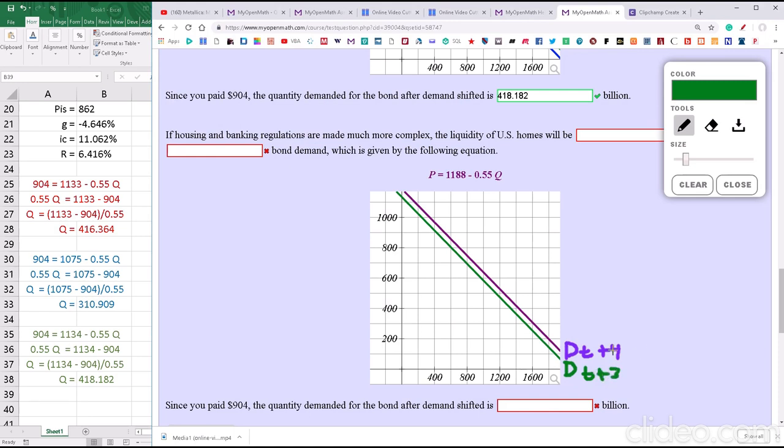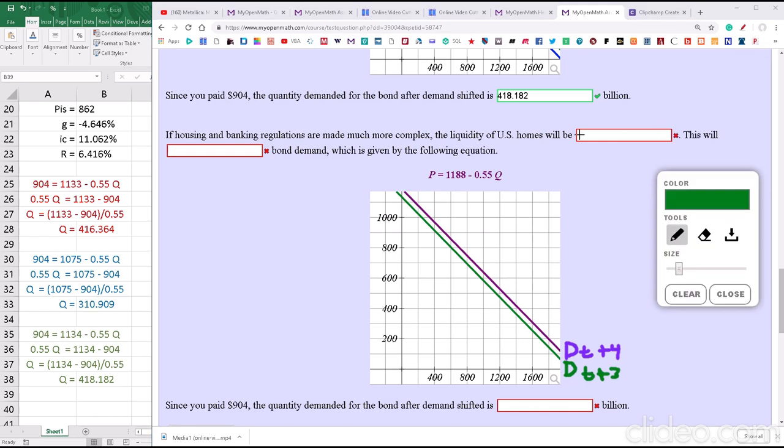Okay. So this is 4 years in the future. So 4 years in the future, suppose housing and banking regulations are made much more complex. The liquidity of U.S. homes will what? Okay, so liquidity should be lower because it'll be more difficult to sell the house. And this will increase bond demand, which is shown below.